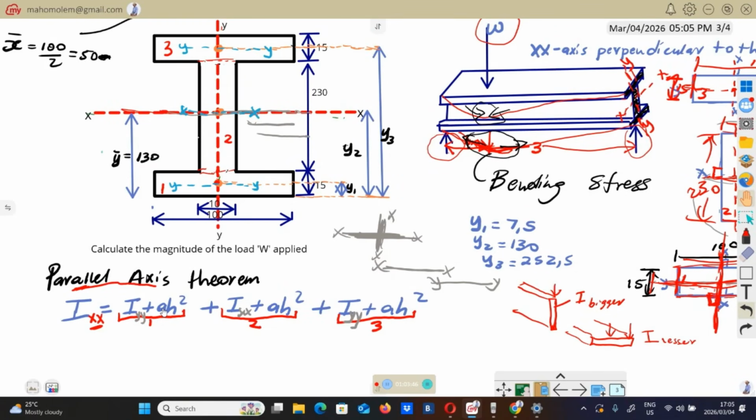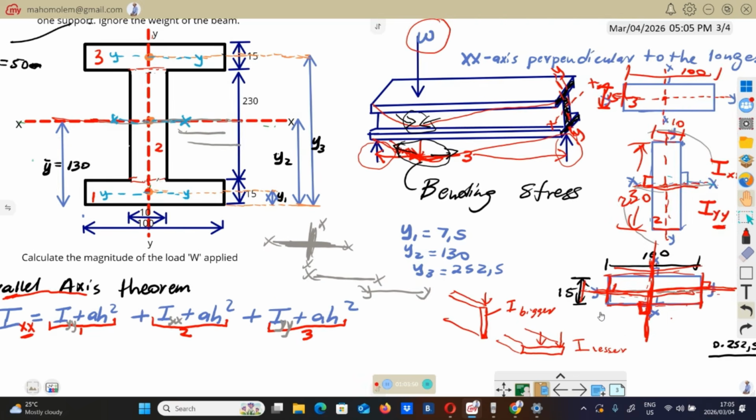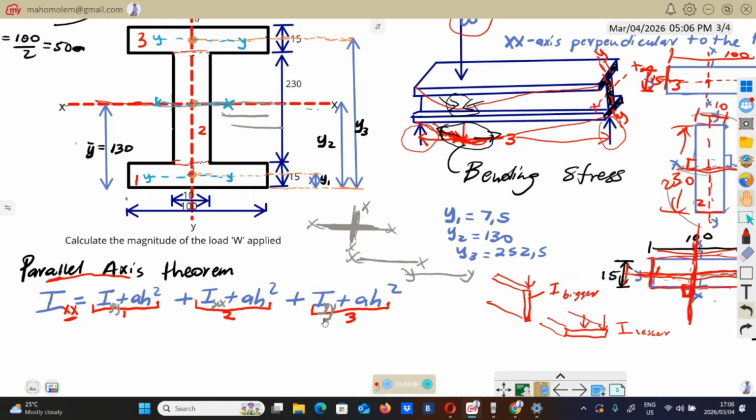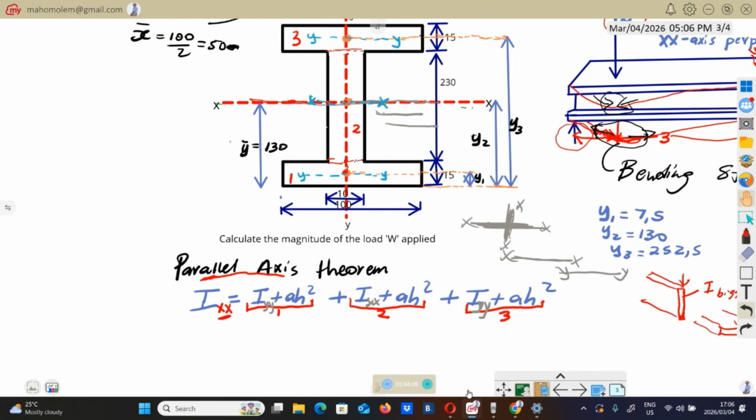Now this A is going to be the area of rectangle number 1, which is 15 times 100. Area 2 will be the area of this box number 2, which is 230 multiplied by 10, and so forth. So now what is this H?